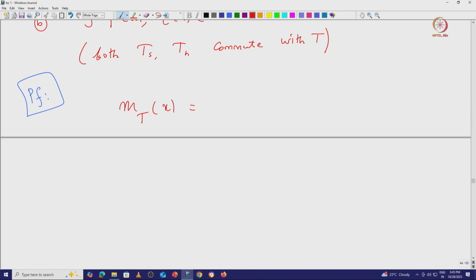Now, I want to write this as a product of linear factors. I just collect the same roots and say that lambda_i appears with multiplicity m_i, where m_i is the multiplicity of lambda_i in m_T(x).